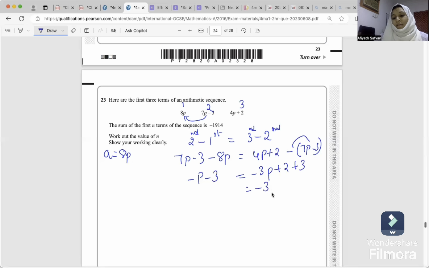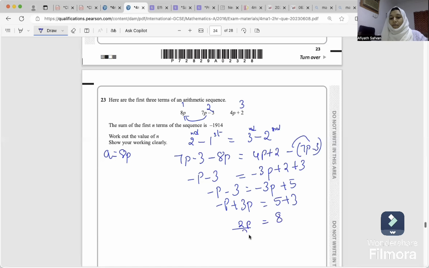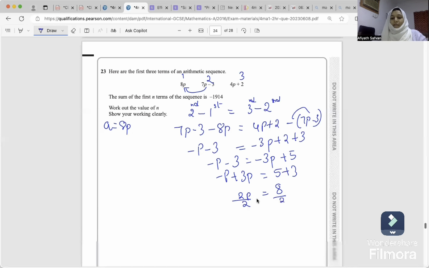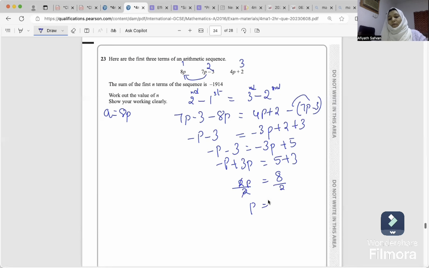So simplifying, minus 3p plus 5. And here I have minus p minus 3. Therefore, minus p plus 3p is going to be 5 plus 3. Therefore, 2p is equal to 8, divide by 2 on both sides, p is equal to 4.